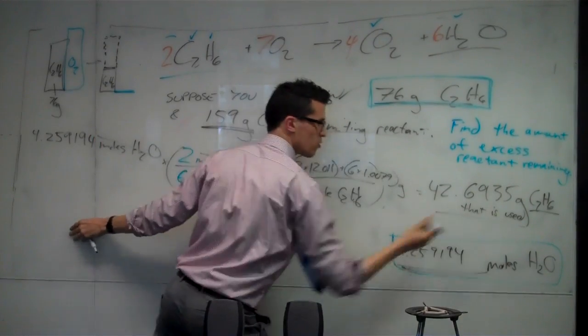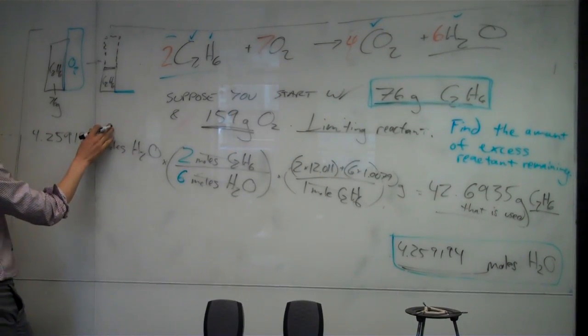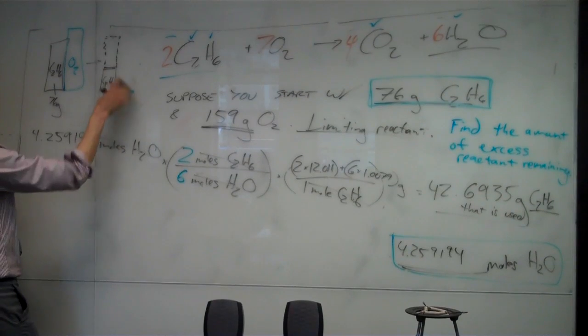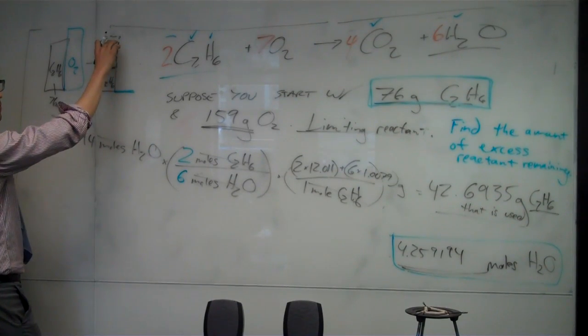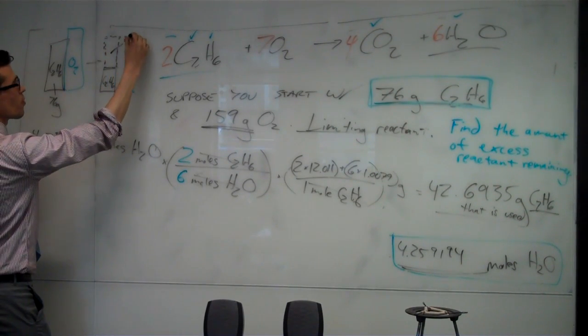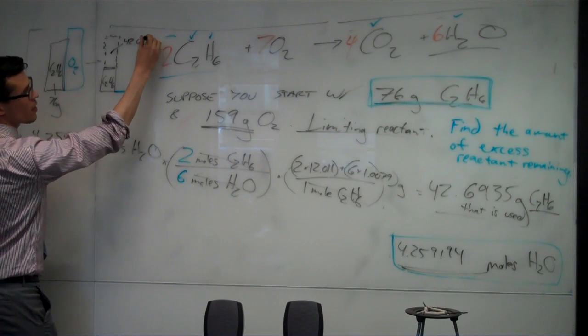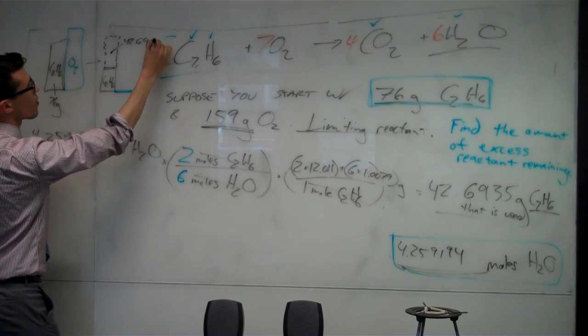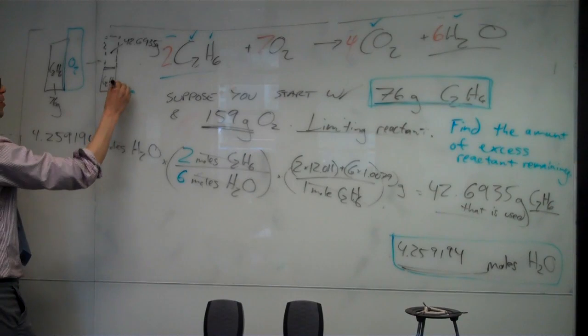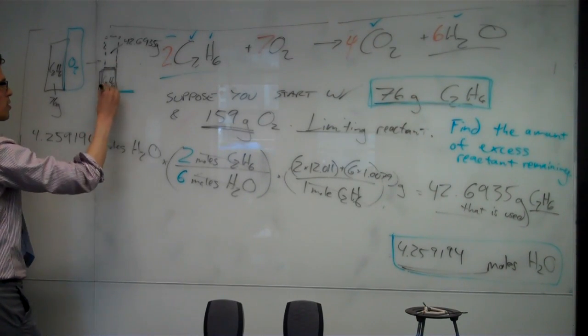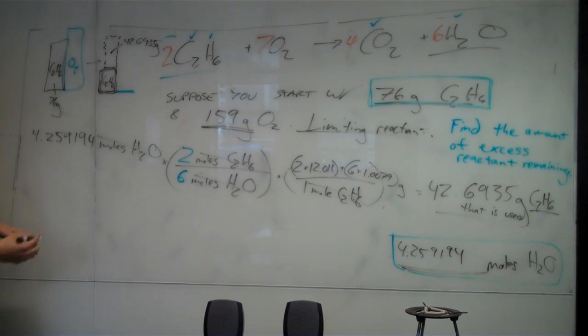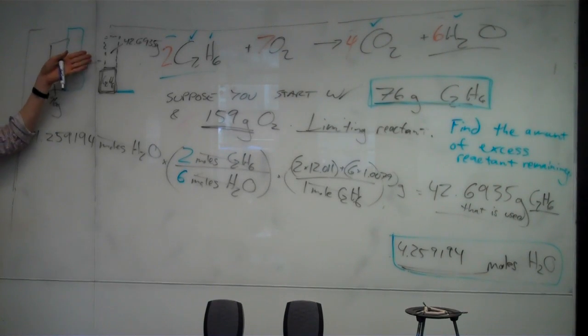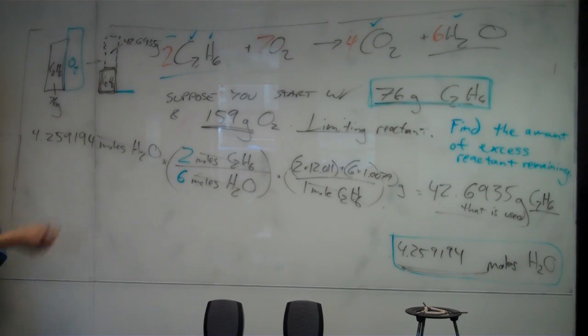When this is 0, that's the amount that was used up. So this is 42.6935 grams. We want to know what the remaining value is. It's pretty obvious now what you have to do to find the final answer: take this and subtract that.